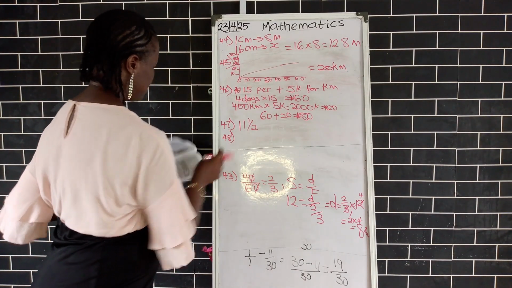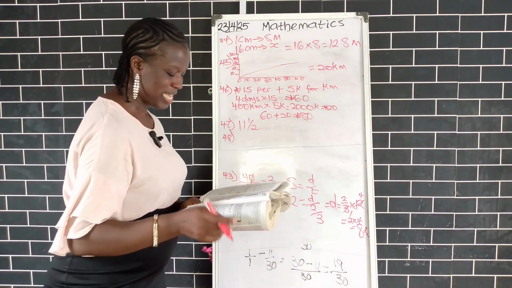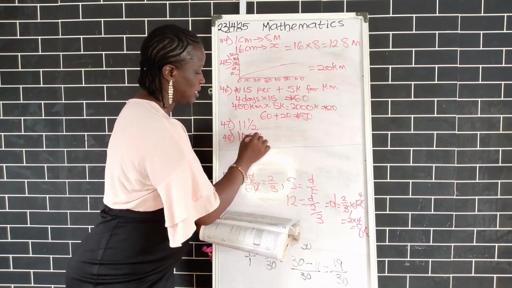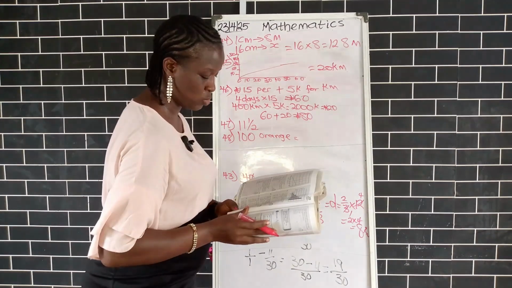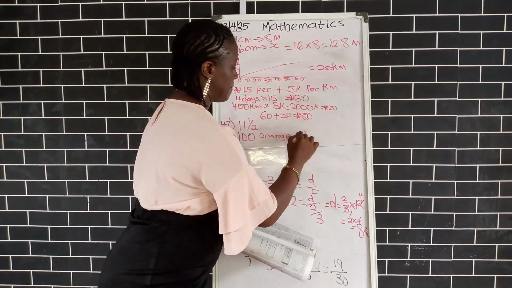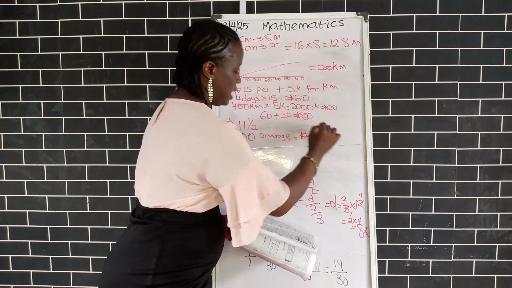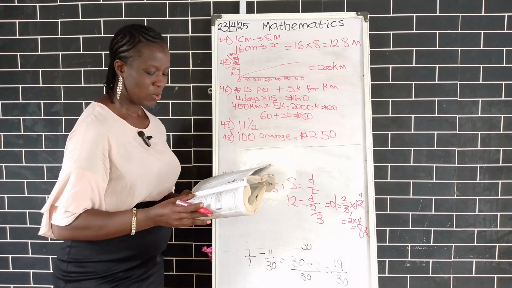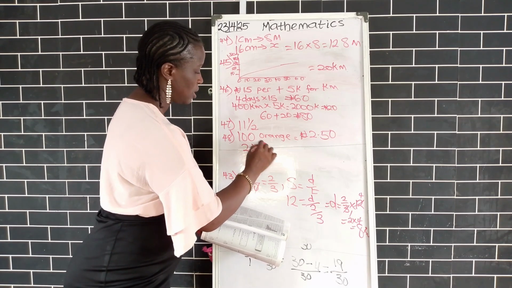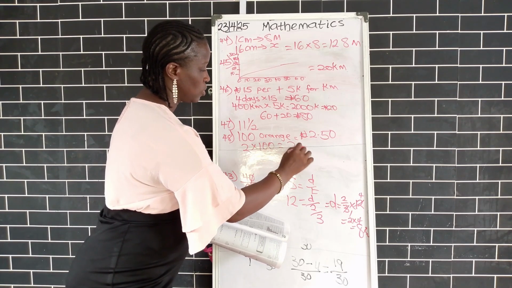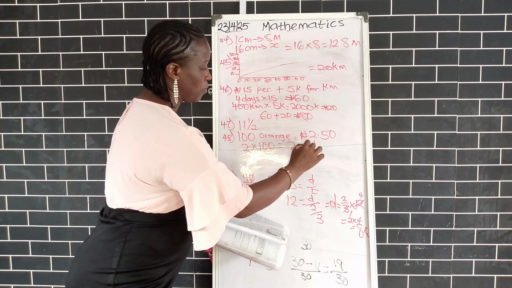Number 48. 100 oranges. And it's how much? 2 naira 50 kobo. And they were all sold at 2 kobo. So what we're going to do is 2 times these oranges, which is equal to 200 kobo.